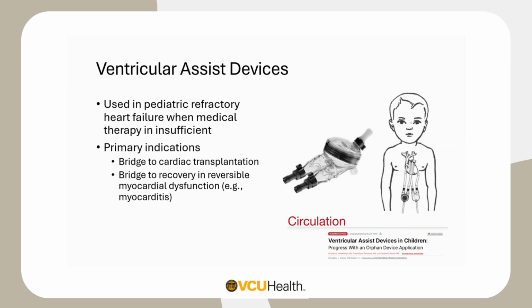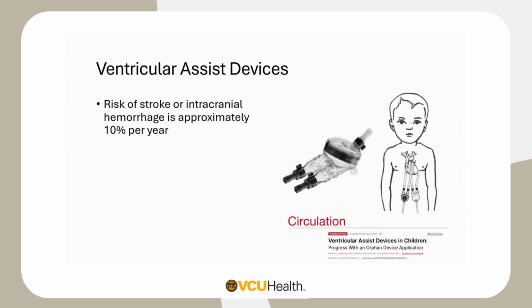They can also be used in situations such as myocarditis, if there is a thought that the myocardial dysfunction could be reversed. The risk of brain injury, from arterial ischemic stroke or intracranial hemorrhage, seems to be about 10% annually in patients who require a ventricular assist device.